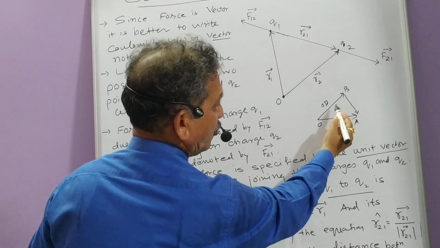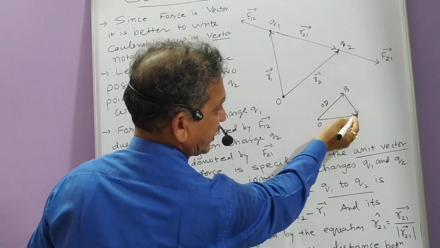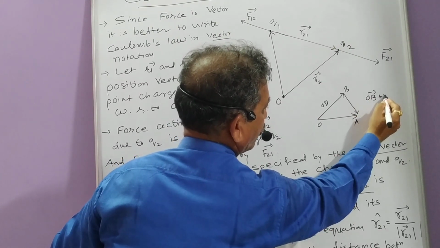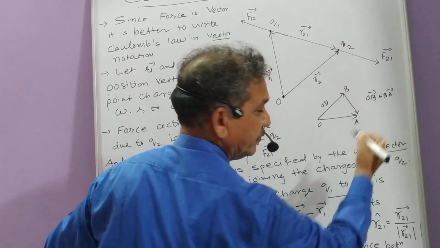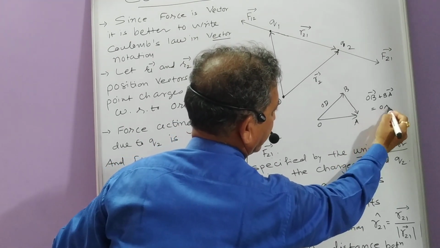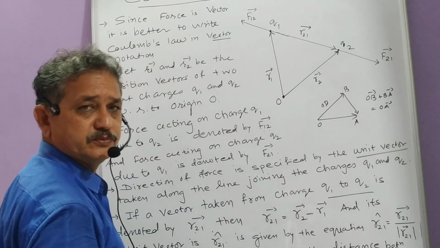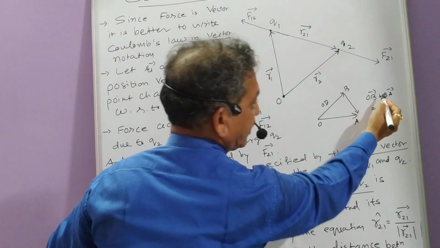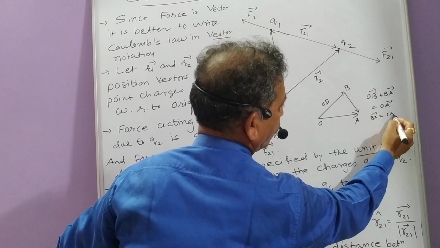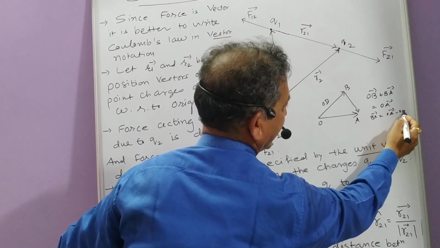From the head of OB, there is a vector BA. So according to the triangle method, vector OB plus vector BA equals the resulting vector OA. So vector BA will be equal to vector OA minus vector OB.